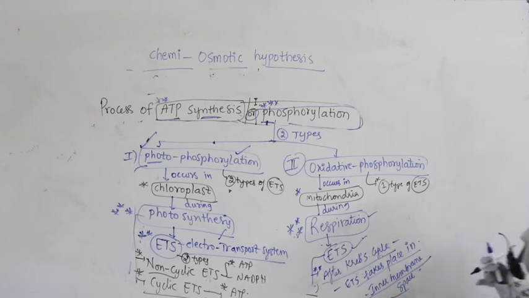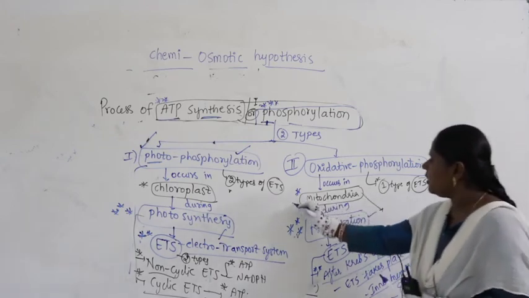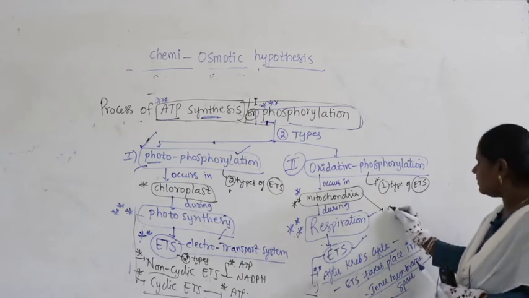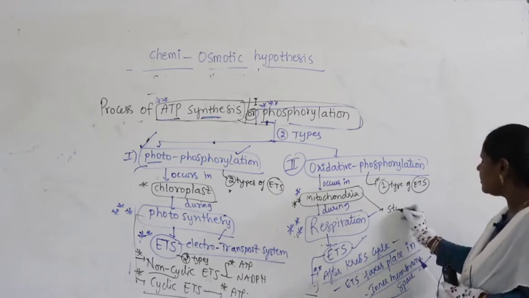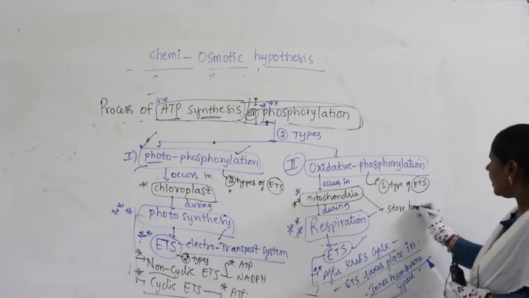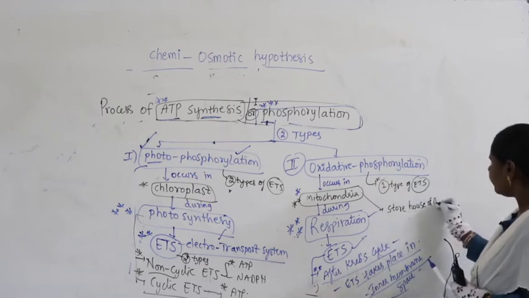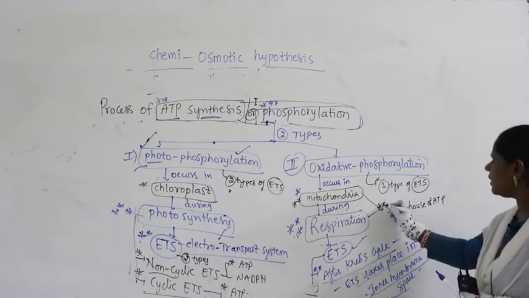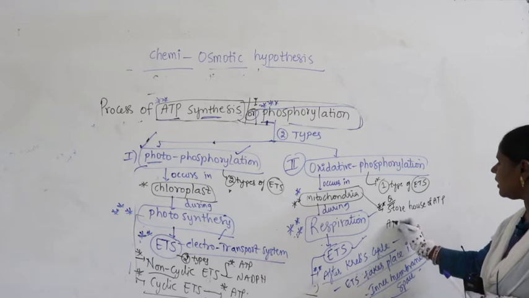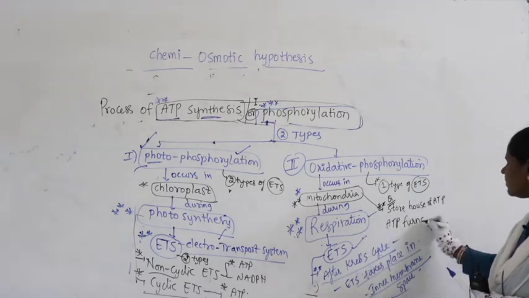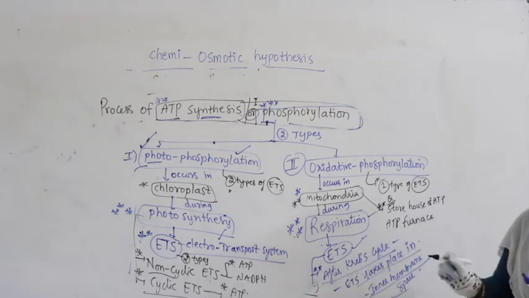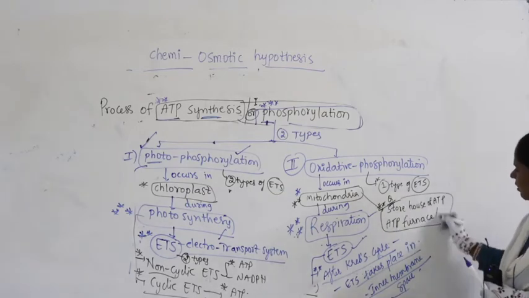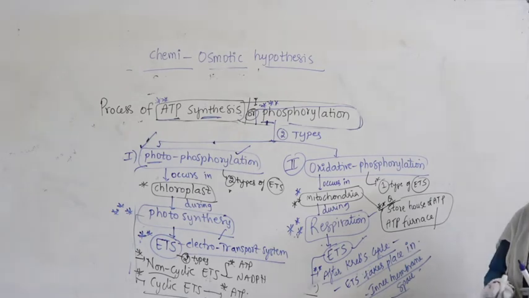And one more thing, you know it very well, this is mitochondria. Regarding mitochondria, it is the storehouse of energy, or storehouse of ATP. Whenever you get the question storehouse of ATP, or sometimes ATP furnace, there is one more name for mitochondria.